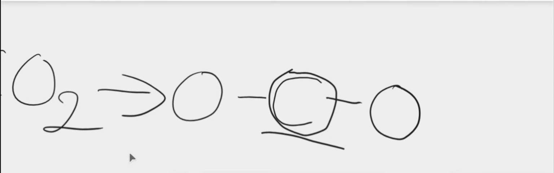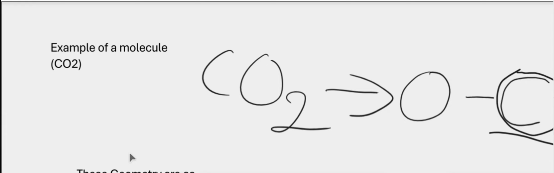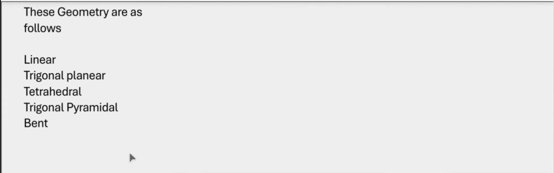Now, these geometries are as follows: linear, trigonal planar, tetrahedral, trigonal pyramidal, and bent. Linear is when we see no lone pairs around the central atom, but two bonded pairs around the central atom.